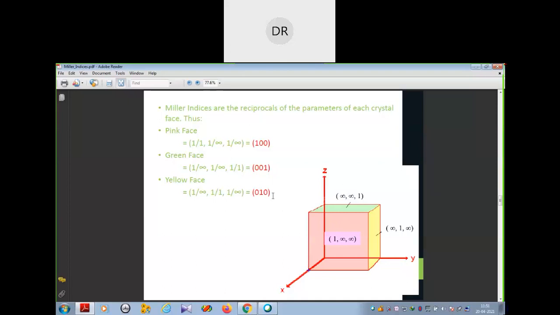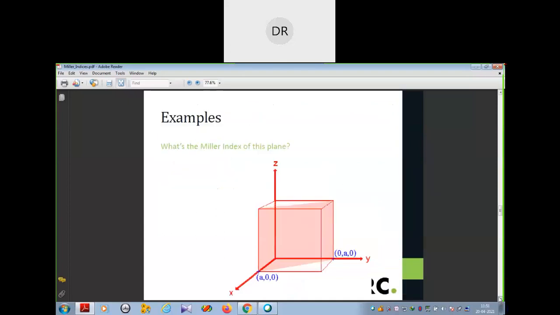That reciprocal gives you the Miller indices. For these three planes, the Miller indices are 1 0 0, 0 0 1, and 0 1 0. For your understanding, this was made in pink, yellow, and green.